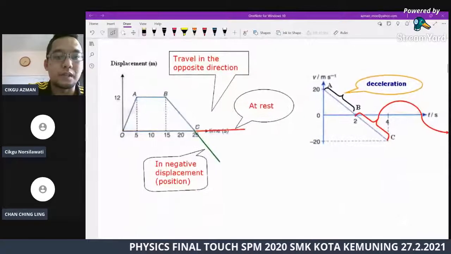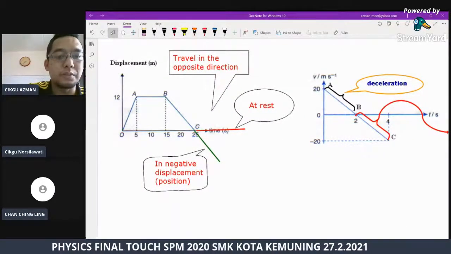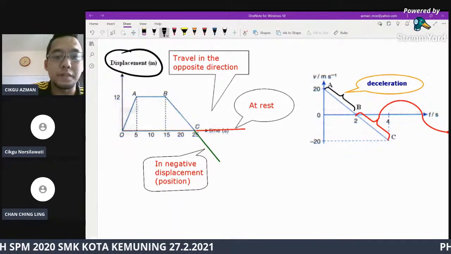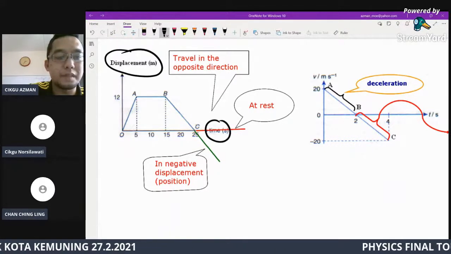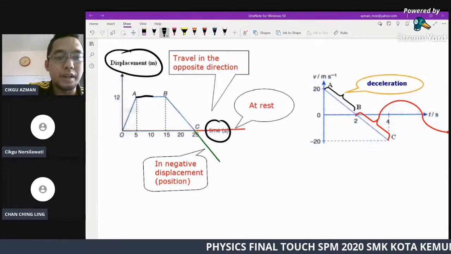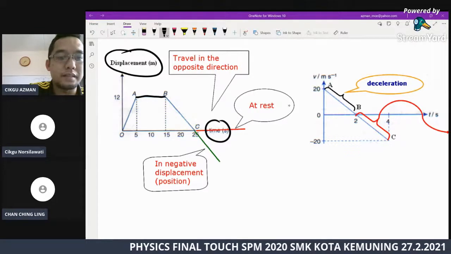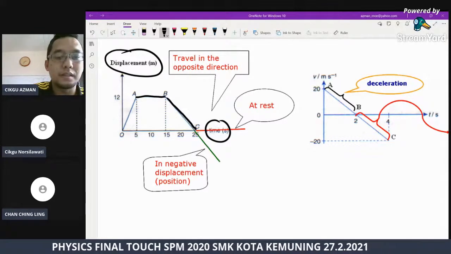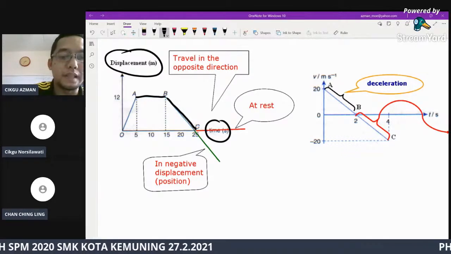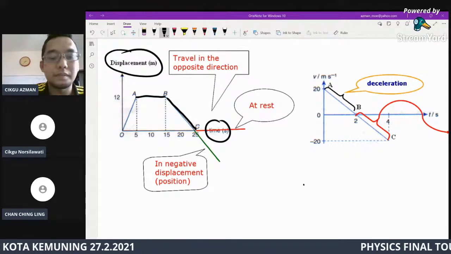Okay, kita tengok graph yang kedua. Second graph. So displacement. First notice the graph. It is displacement over time. Now at this point, stay at rest, and at this point, what happened between B and C?